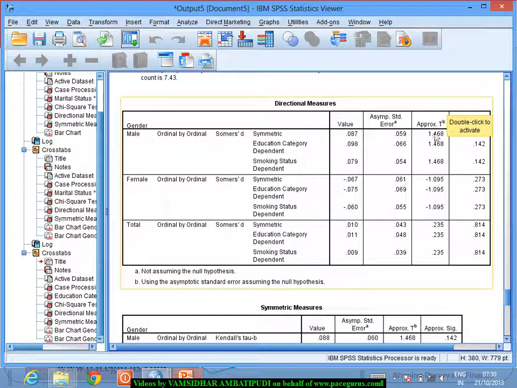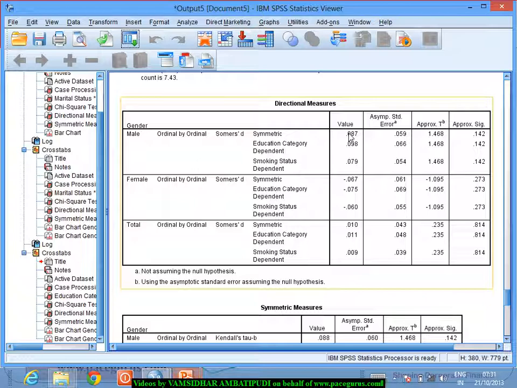which determines what you are seeing. Here also the significance levels are greater than 0.05, so I can very well ignore the dependency relationship that is coming here, and I can very well go with these two variables being independent, whether I look at them gender wise or I look at them overall.